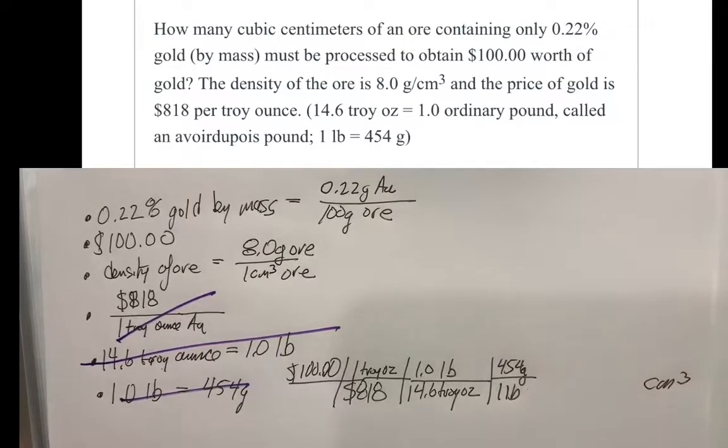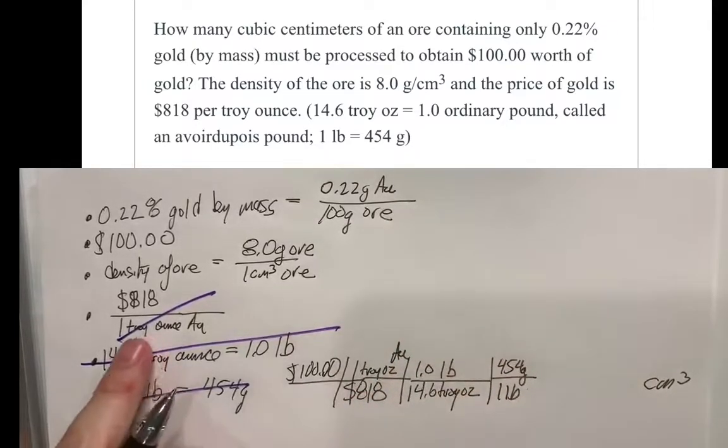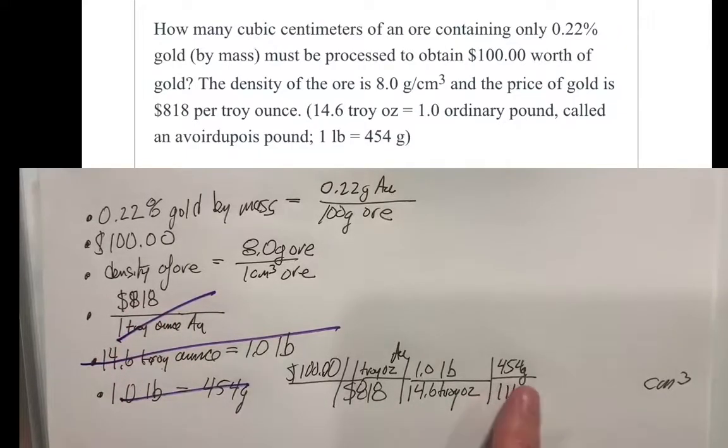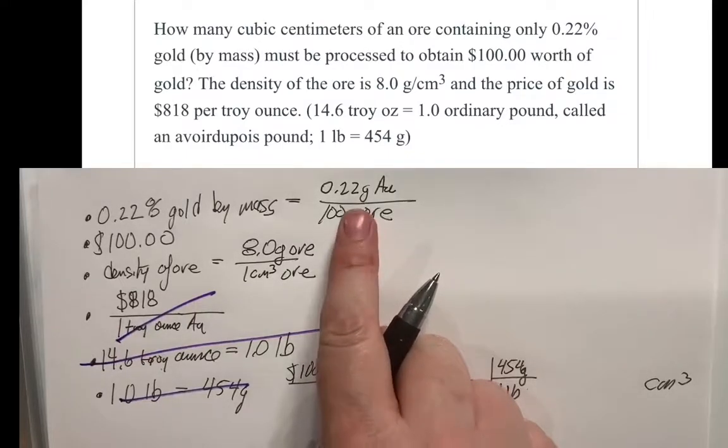All right, so right now we're sitting at grams, and they're asking how much of the ore we need to buy, and so far we're talking about gold still. So this is the purchase price for gold. We need to get from gold to ore, and this is the only thing that will allow us to convert between gold and ore.